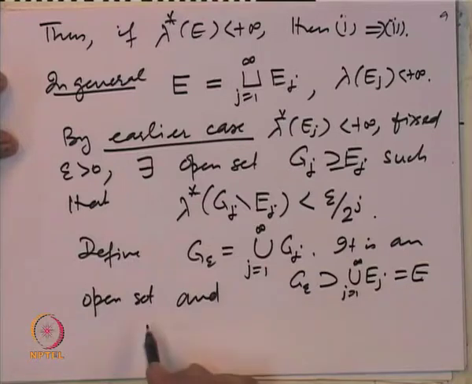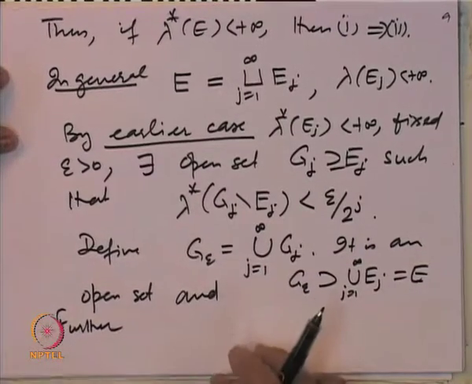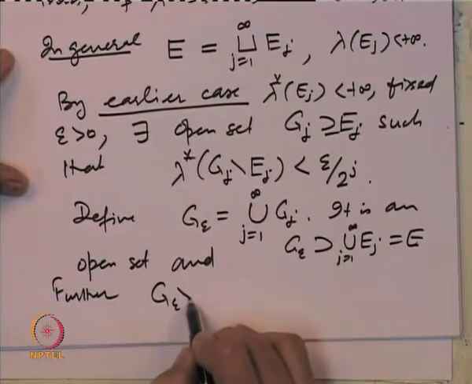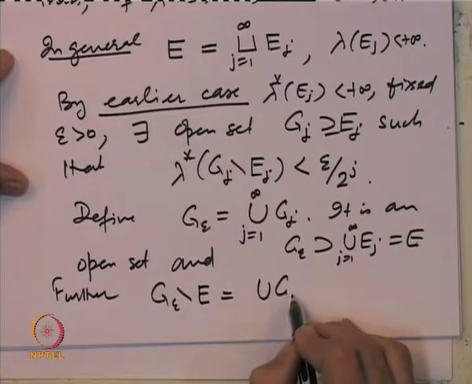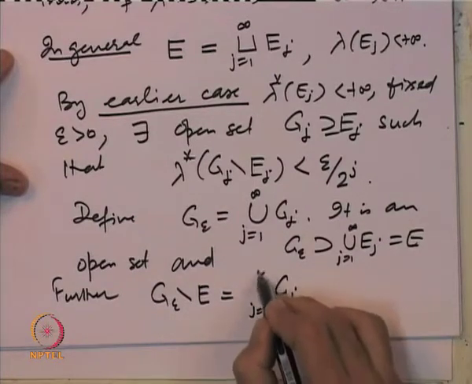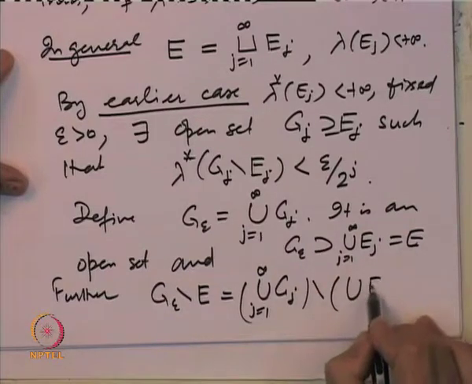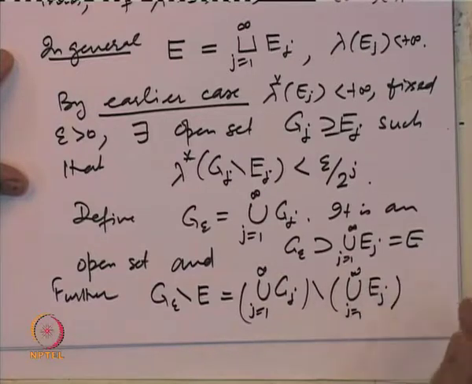Now, let us look at the difference further. Let us observe that G epsilon minus E, what is that equal to? That is the union of G j's minus the union of E j's, right. That is the definition, that is how we constructed.